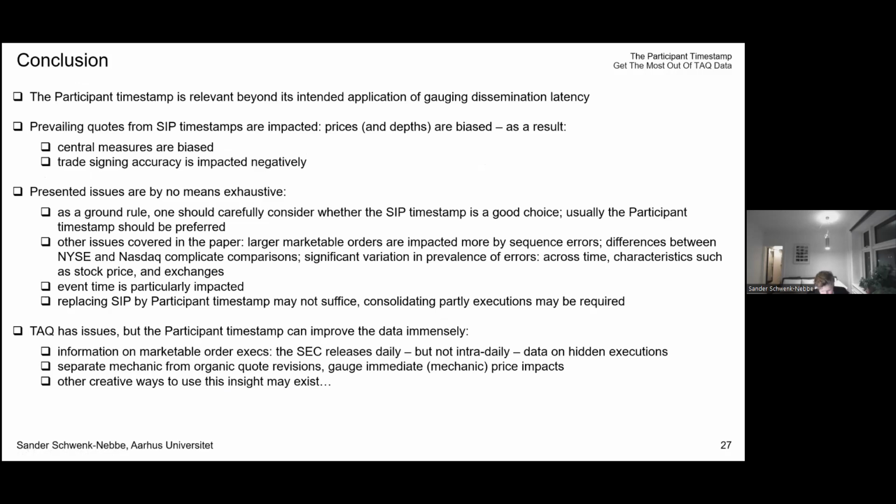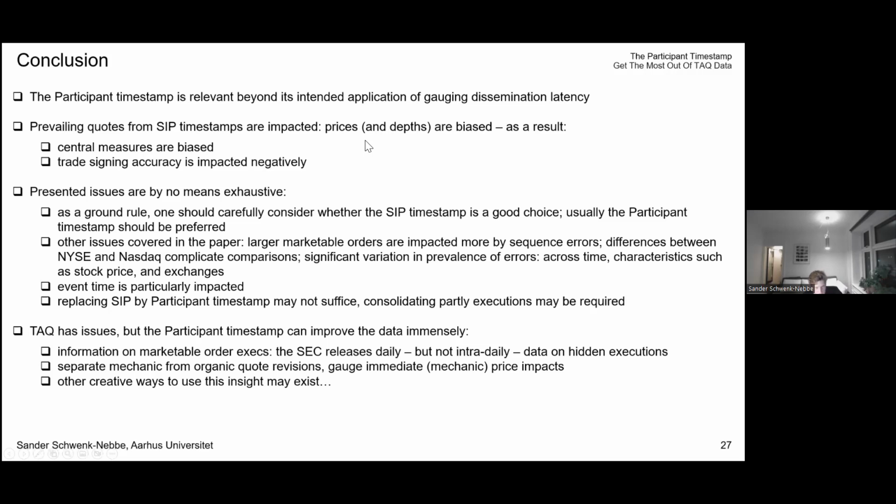Okay, I'm gonna stop it here. Just an extremely fast conclusion. What we found is that the participant timestamp is relevant beyond its intended application. Its intended application was to gauge dissemination latency, but we can actually use it for something else, and that is marketable order executions. Prevailing quotes from SIP timestamps are impacted.